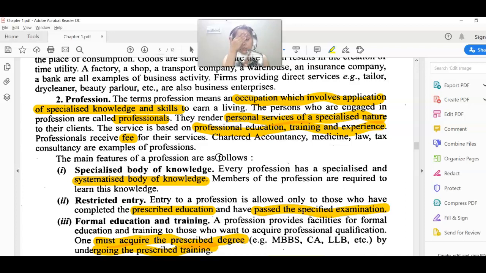These institutes, for example, for MBBS there is the medical institute, and for chartered accountants, the Institute of Chartered Accountants. Under those institutes, they follow certain guidelines. They go through certain examinations and important training, then they become members of those institutes.